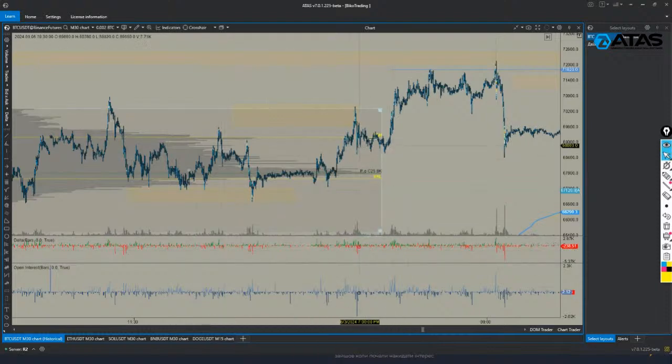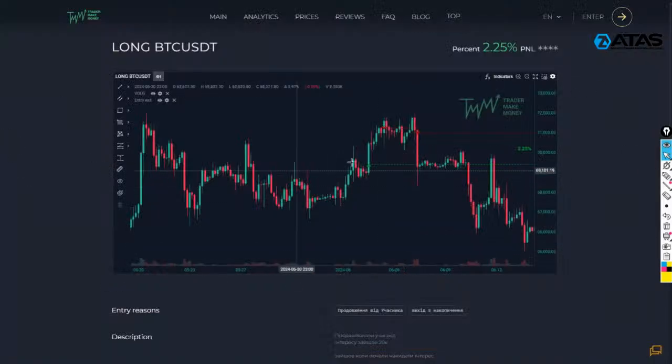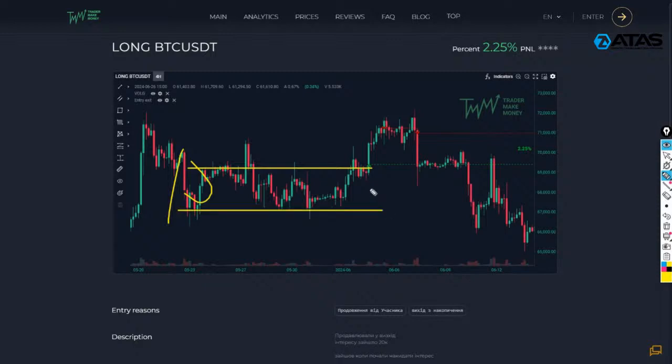And how do I understand that it could be real? Super simple, because I open my statistics service, and after analyzing a lot of trades, I understood that this really works well. And based on that, I can add this pattern into my library and trade it in the future.